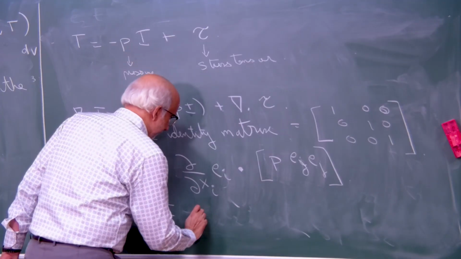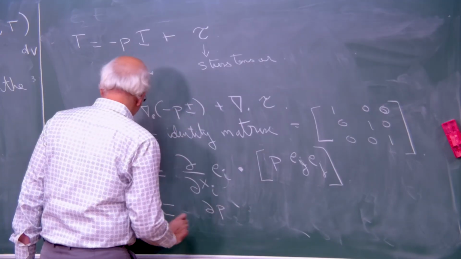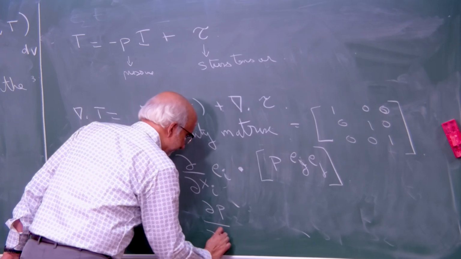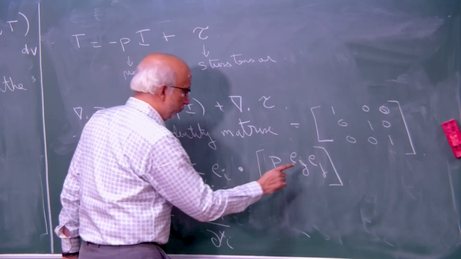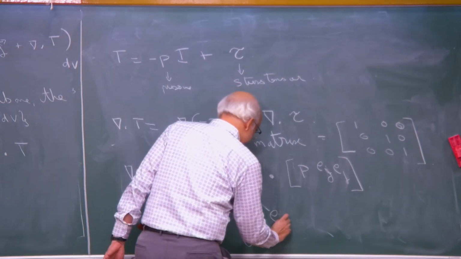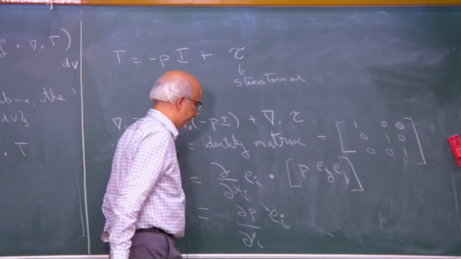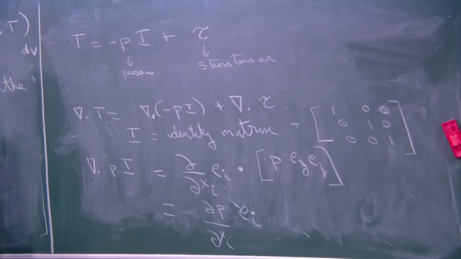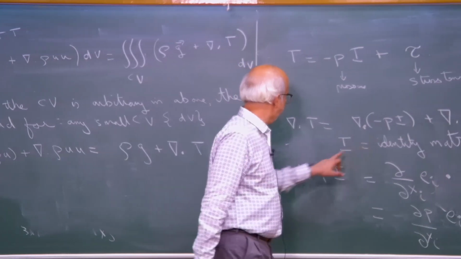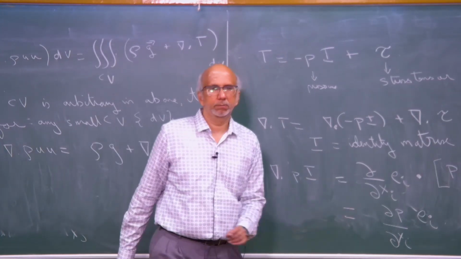So, I get dP by dxi, i equal to j, Ei. Okay, there is a negative sign which I threw out, but remember there is a negative sign here.